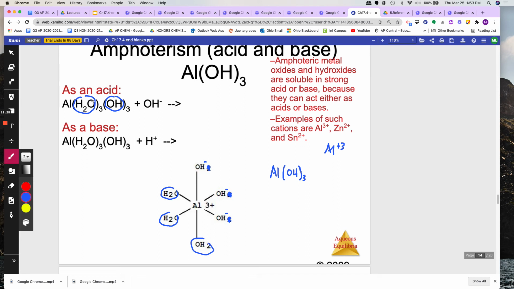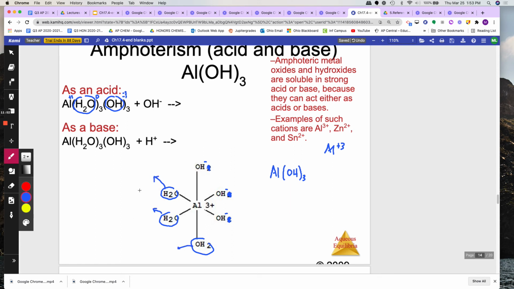The charge of this whole thing, this is 0, this is -1, this is a +3. Oh, there's 3 of them, so a total of -3. So the whole thing is 0. This system right here can actually act as an acid and a base. It's amphoteric. Because if you add OH minus, it can remove these H pluses, and it can remove 3 of them.